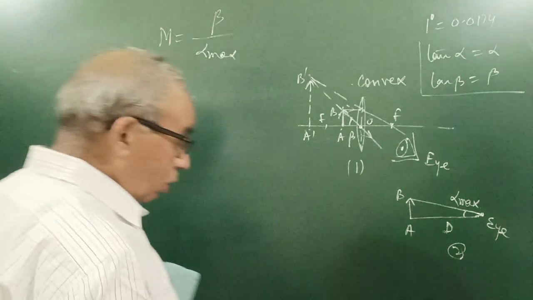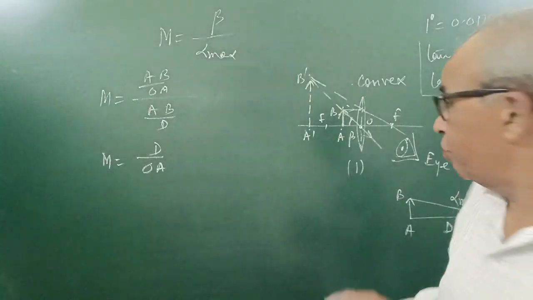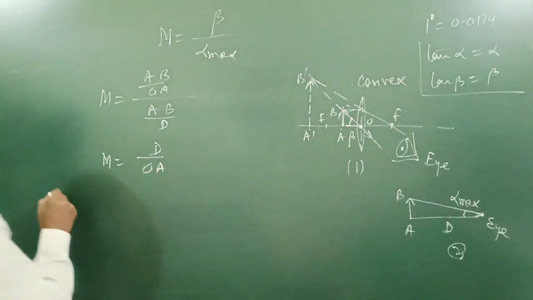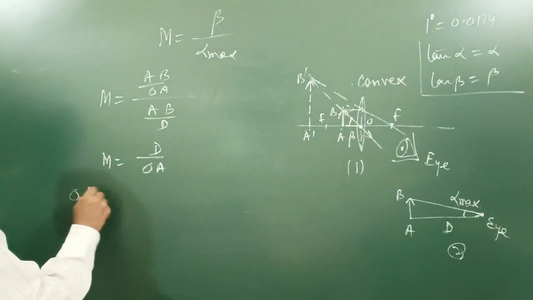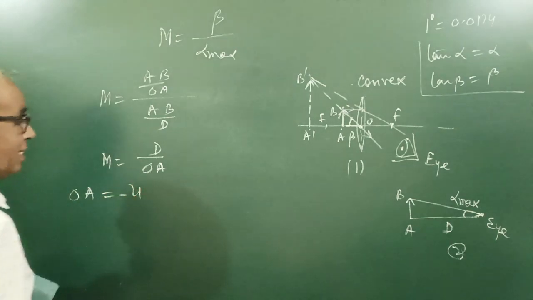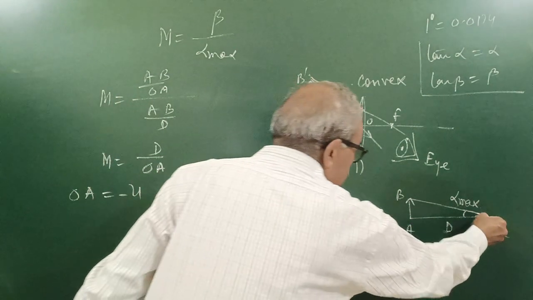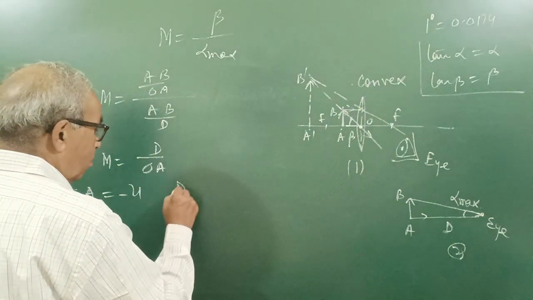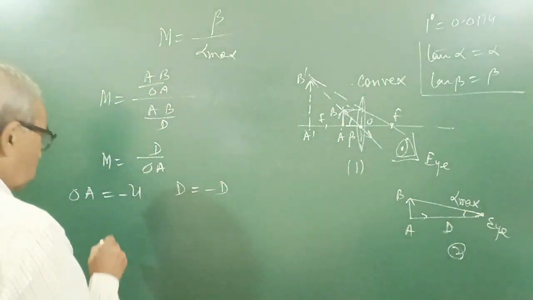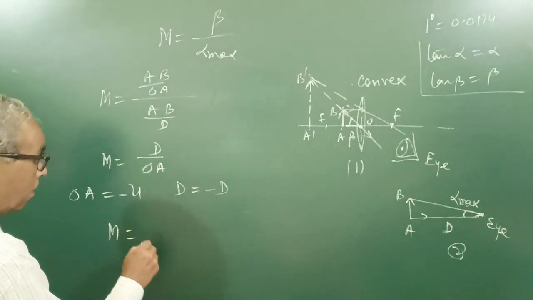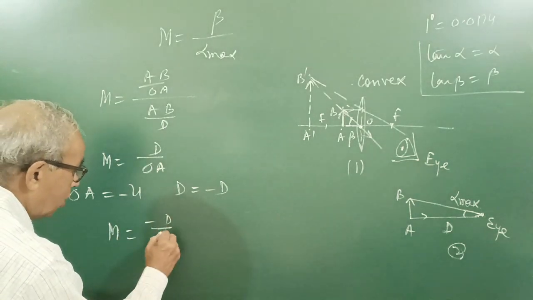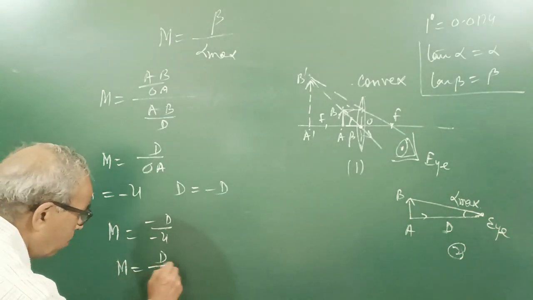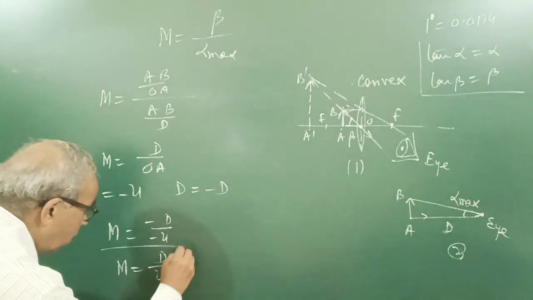In the figure, if we use sign convention, OA is equal to minus U, and here D also, as light is going this way, D also is minus D. So M is equal to minus D upon minus U. Finally, you get D upon U. What is U?